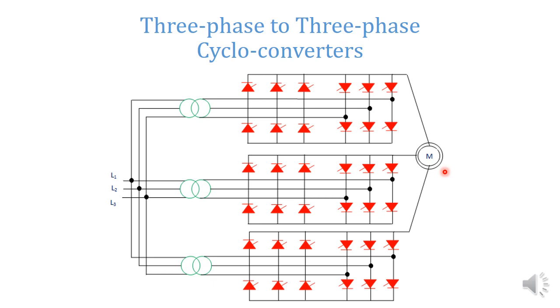Both have the property that their speed can be controlled by controlling the frequency. That is, synchronous speed ns is equal to 120 f by p. So speed is proportional to frequency. So a cycloconverter is the best converter to control the speed of an AC motor. But the only problem is that the output waveform of a cycloconverter has a large amount of harmonic content. Thank you.